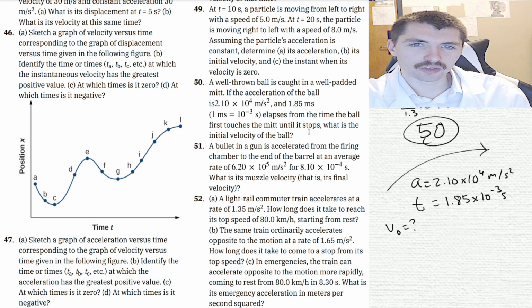A well thrown ball is caught in a well padded mitt. So the time it touches the mitt, it's saying like here is T. I think it's talking about that point in time.